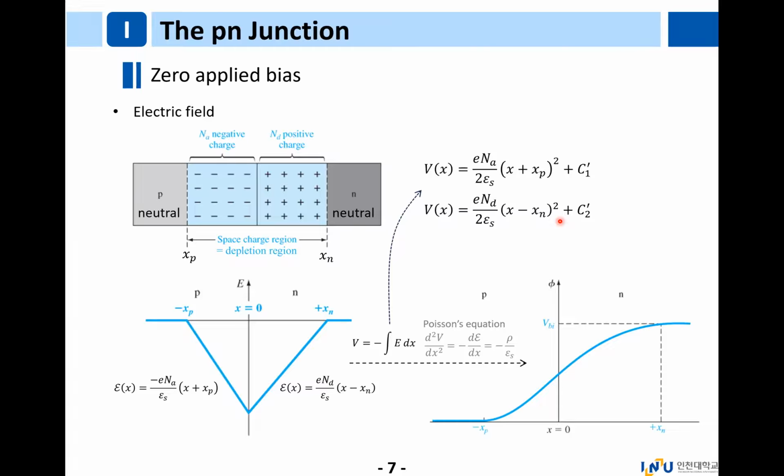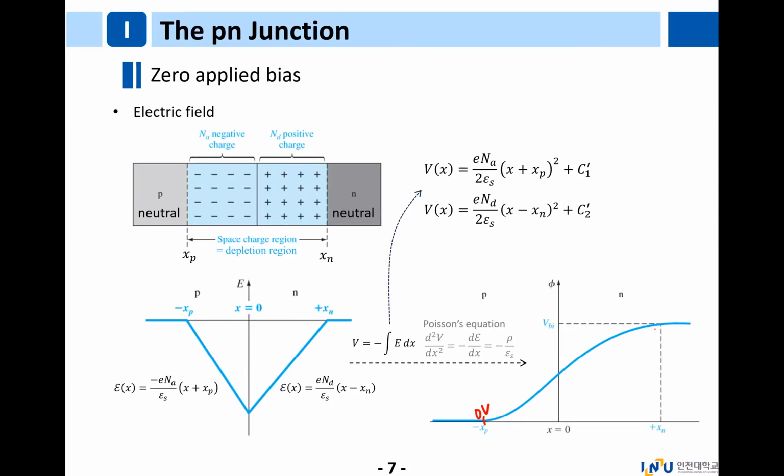Therefore, let's define the potential at the depletion region boundary in the P-type region, where x equals minus xp, as 0 volt.